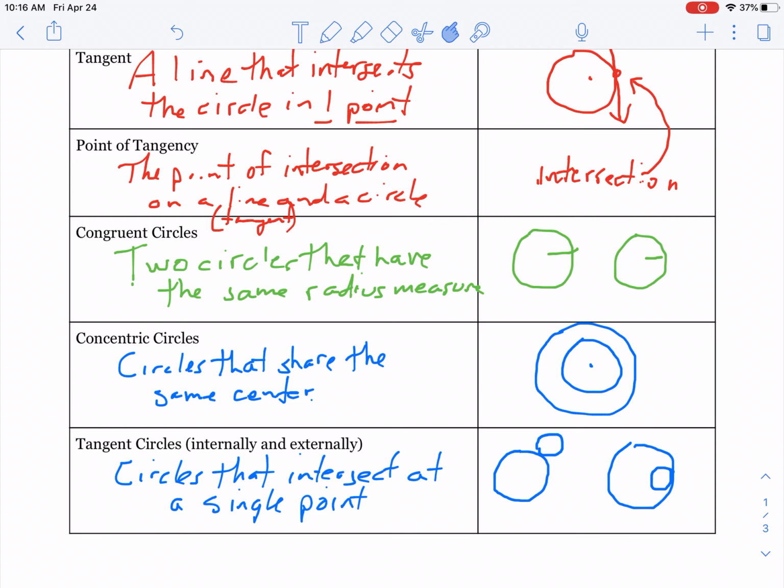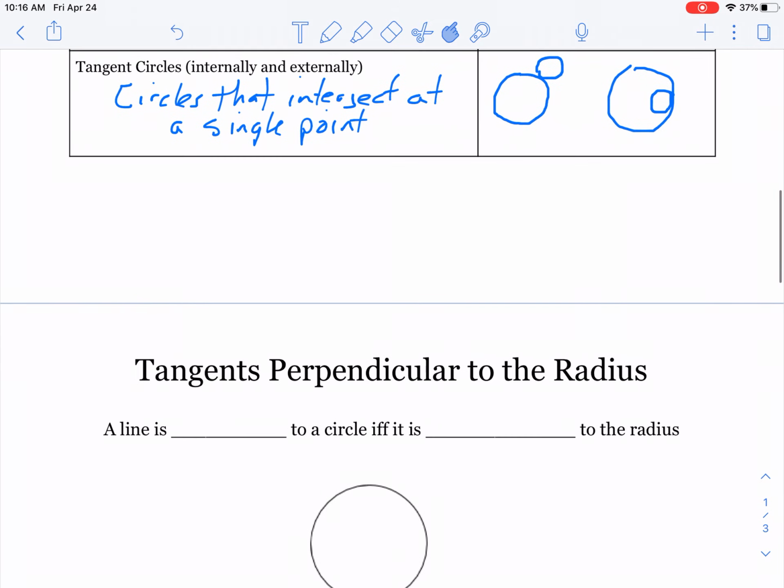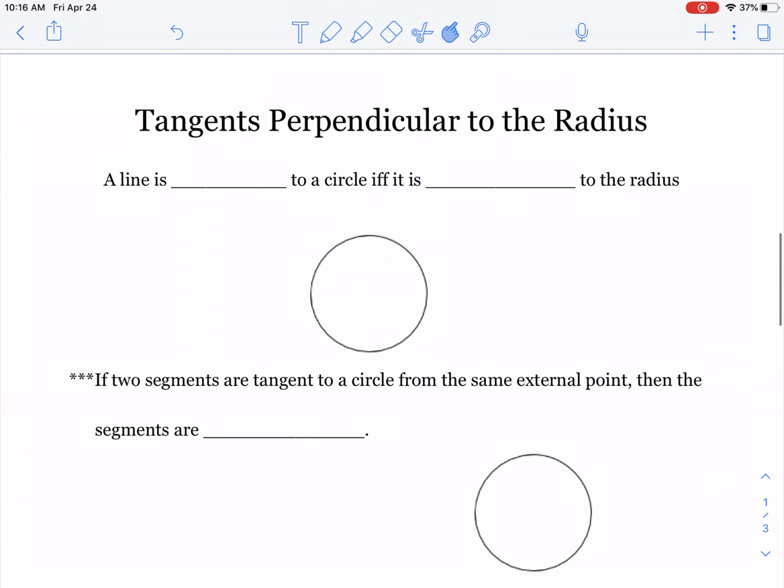Well, good. Now that we've got some terms, let's actually talk about some tools that we will use when we talk about these different tangents and circles. When we talk about a tangent perpendicular to the radius, if we say a line is tangent to a circle if and only if, remember that means both the original statement and its converse are true, if and only if it is perpendicular to the radius.